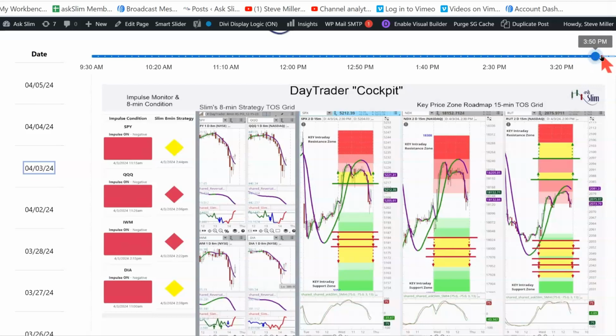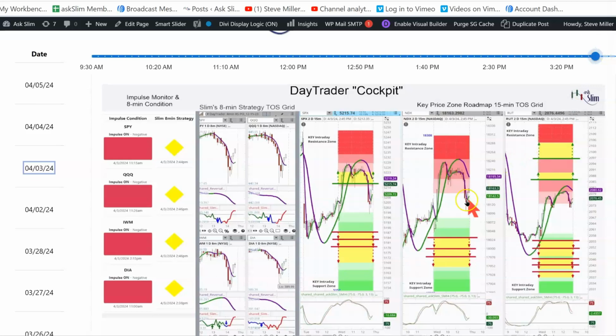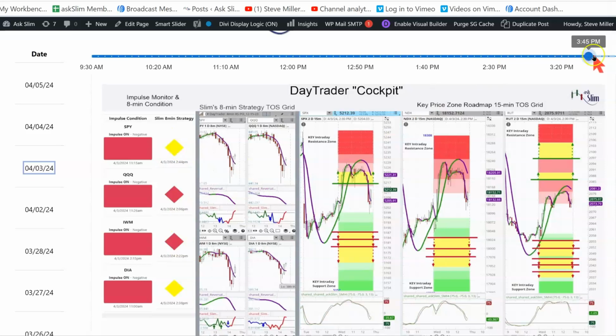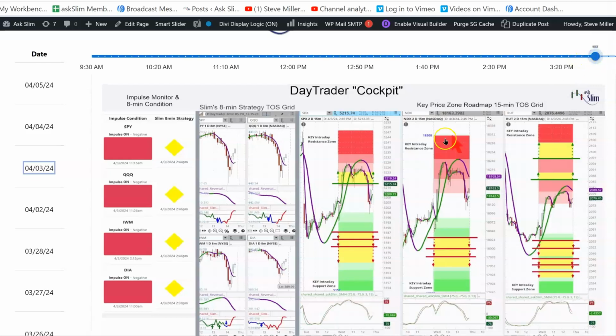Here's 3:45 p.m., 3:50 p.m., and you get these upward turns here in the scalp right there, and that probably says to you the trade went off right there. Let's go back here. 3:45, trade still went off on the S&P 500. At 3:50, you have this upward turn in the scalp right there, and that says to you here at the end of the day, probably trade off at this point.